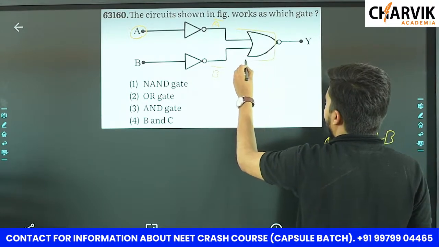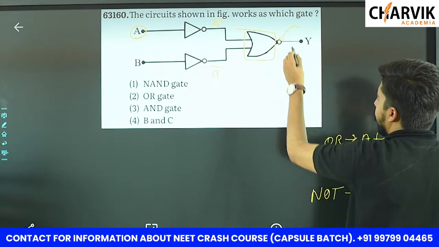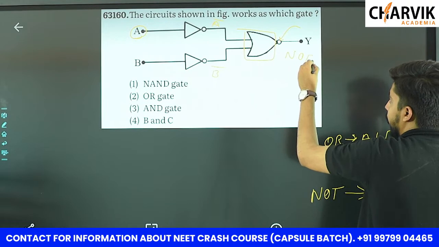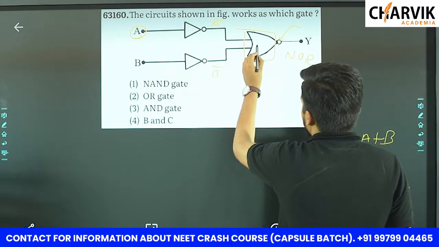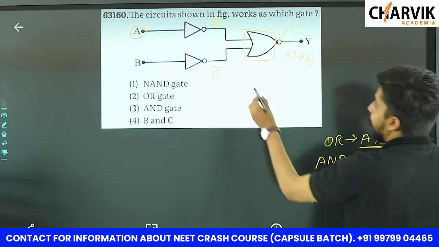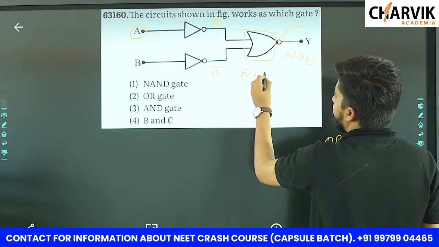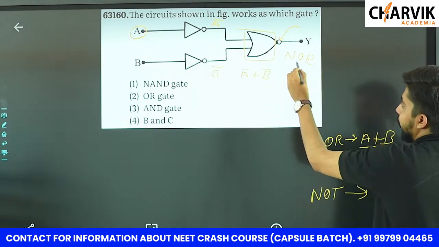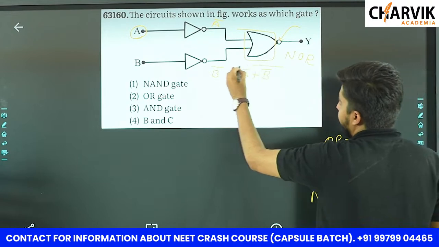There we have an OR gate connected with the NOT, so basically this is a NOR gate. Let us take it step by step. For the OR gate, it will be A bar plus B bar, and because there is a NOT gate also, there will be one more bar.